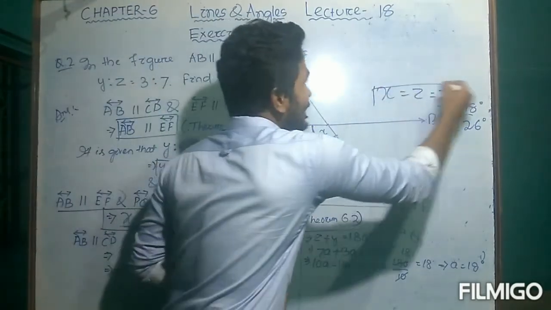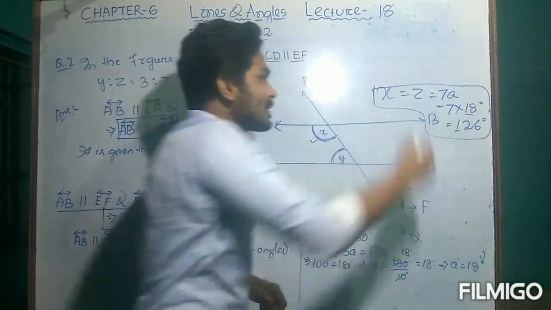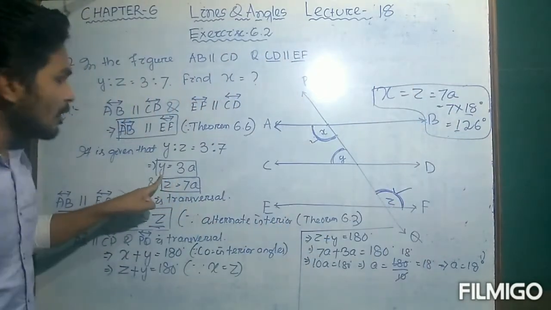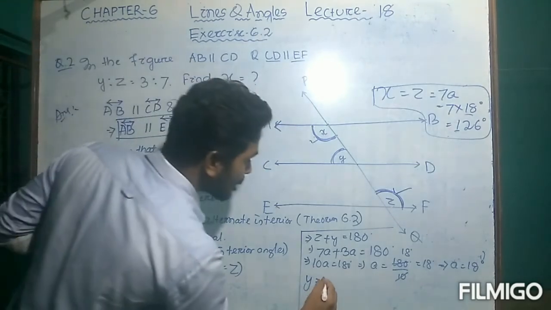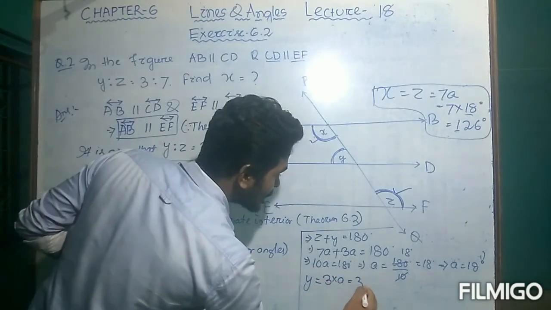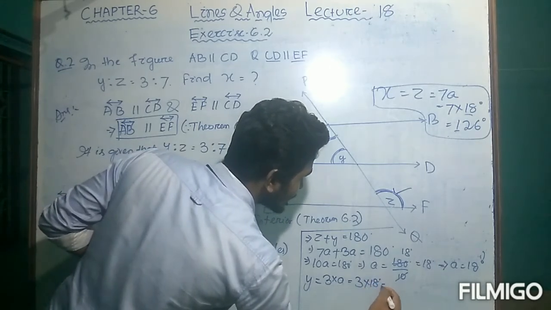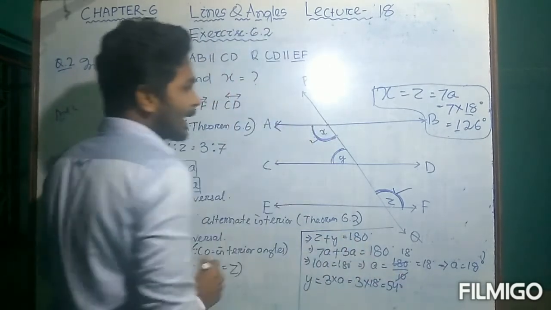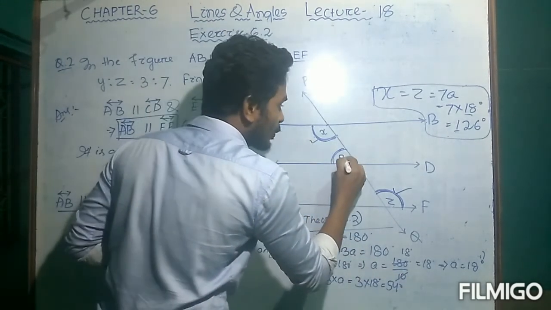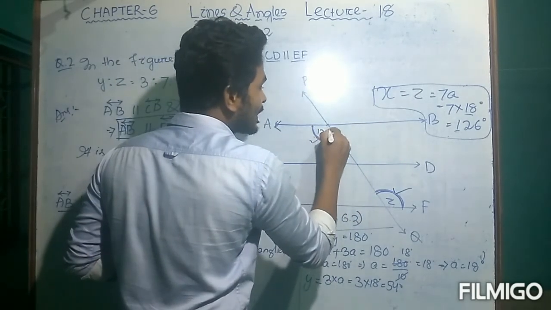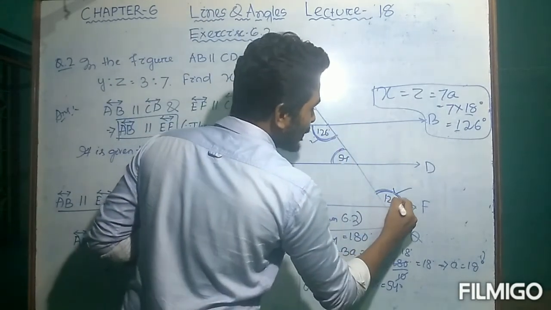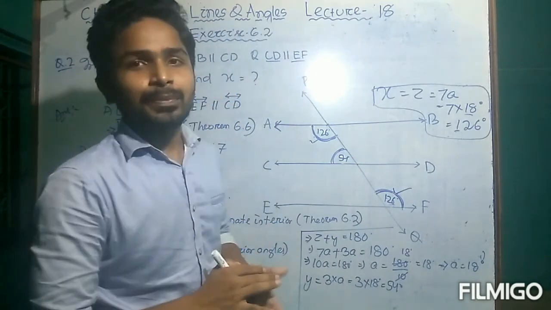So the value of x or z is equal to 126 degrees. And if you want, you can also find the value of y. y is equal to 3a, so 3 into 18 degrees is equal to 54 degrees. Hence, we find the value of y to be 54 degrees, the value of x to be 126 degrees, and the value of z to be 126 degrees. Understood?